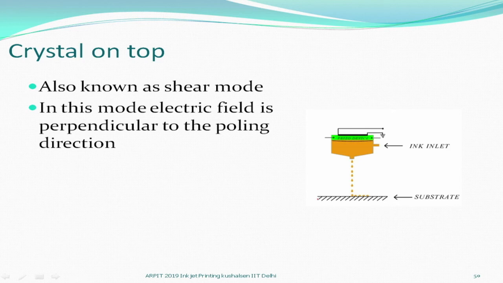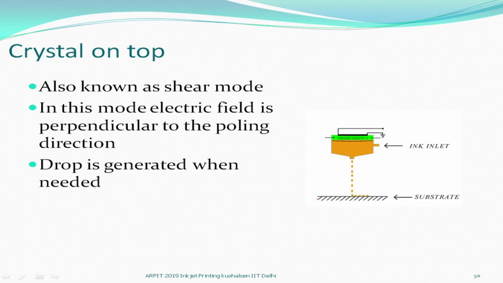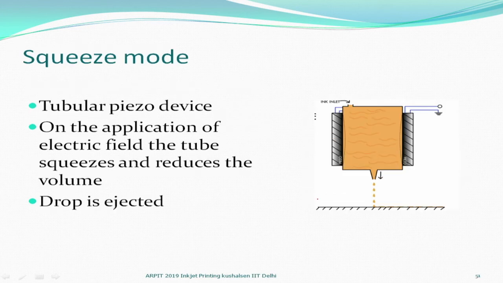Here the electric field is applied perpendicular to the poling direction, so the shear takes place. A drop is generated when needed, and there is no drain here, right? So, this is what you remember, directly onto the textile. A squeeze mode is the one where the crystal may be on both sides, and you squeeze the chamber, and then the drop will be ejected.